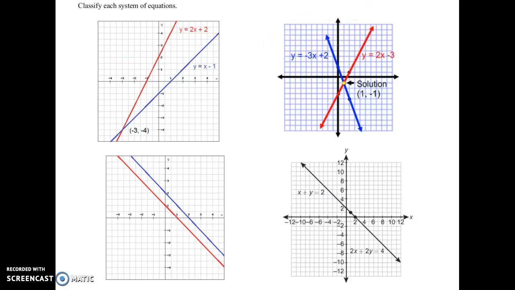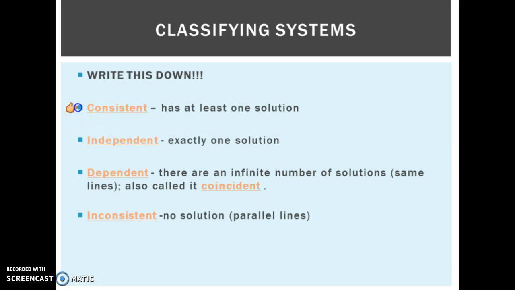So to practice graphing these equations, the top two represent the two equations that we just graphed. So this one here, there's at least one solution, and there's exactly one. So we would label that as consistent and independent because there's at least one and there's exactly one. So consistent, independent for the first one.